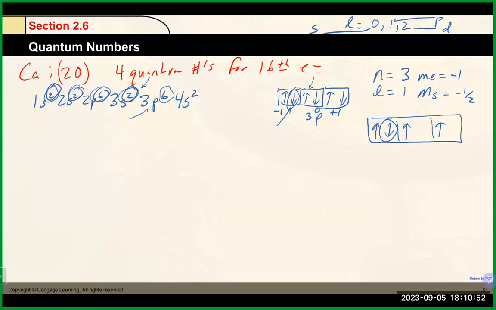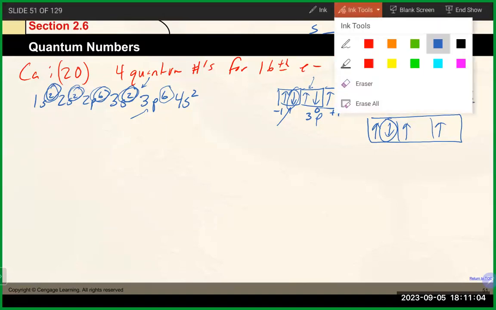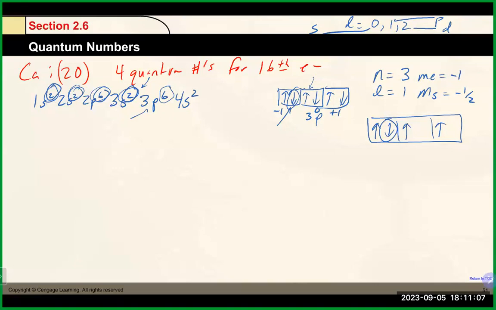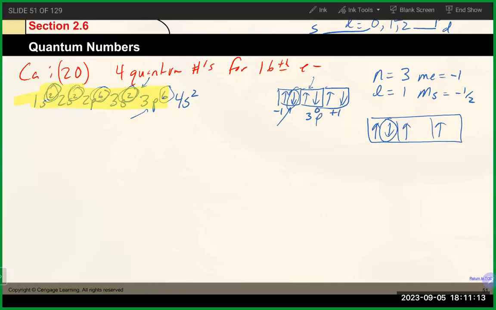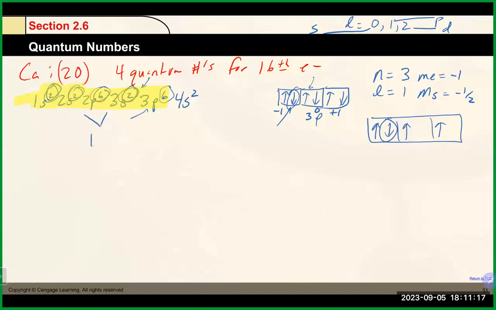Now, another thing that comes up with electron configuration is that there is a shorthand that's sometimes used. If we look at, say, calcium, and count up the electrons up to here, that is 18 electrons.